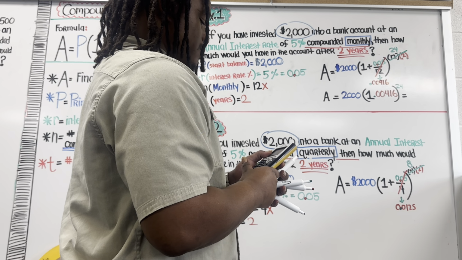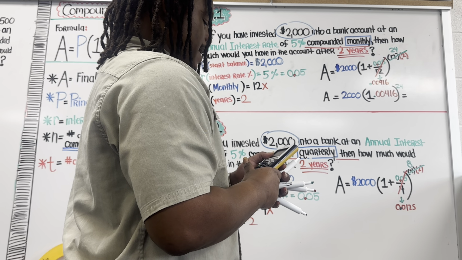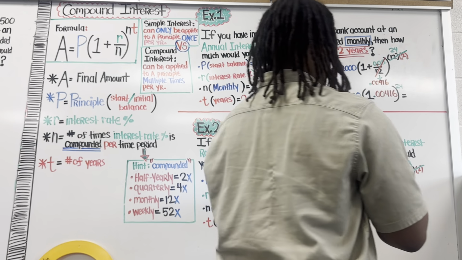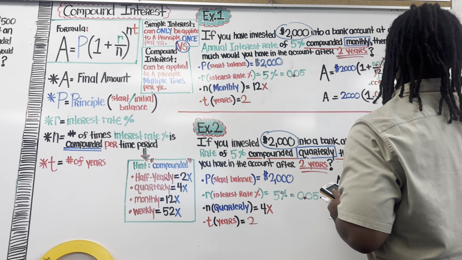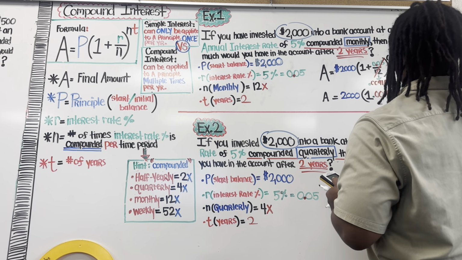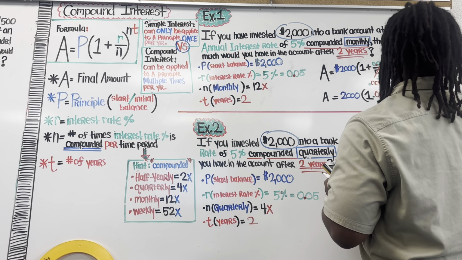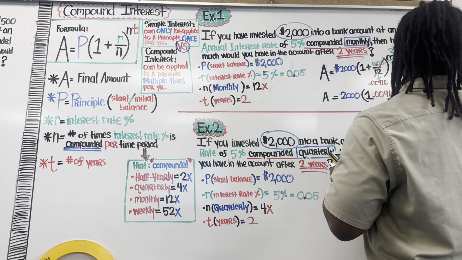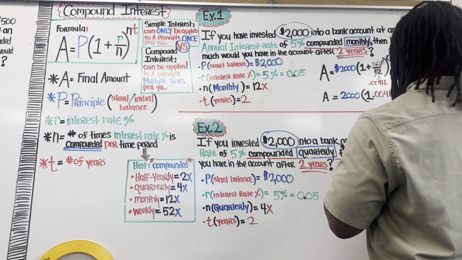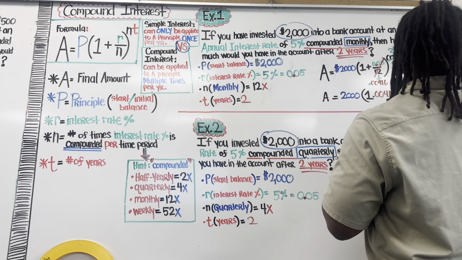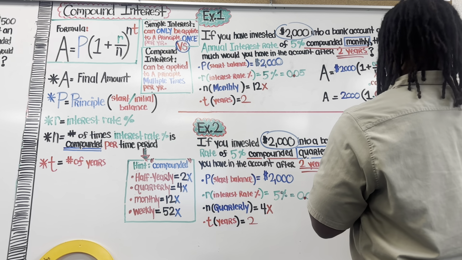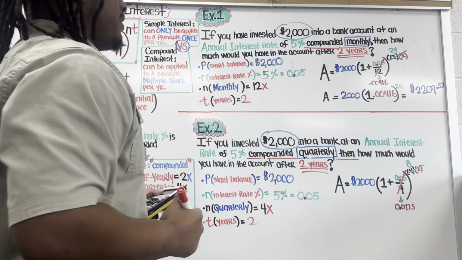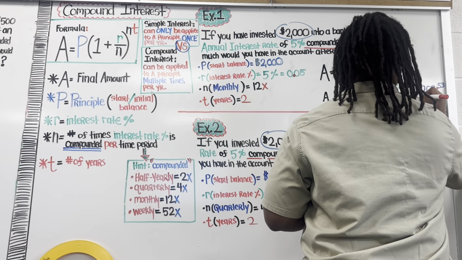And that will equal, guys, $2,209.54. Okay? So this is the final amount that the account has, right? After 2 years. $2,209, right? And 53 cents. Okay? That is the final amount in the account.